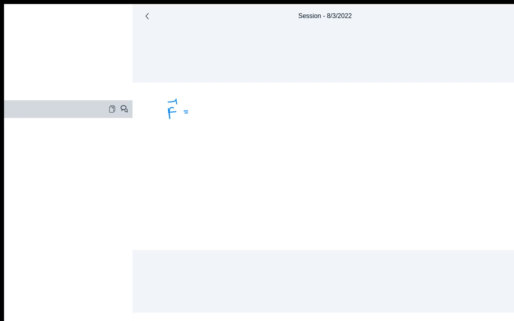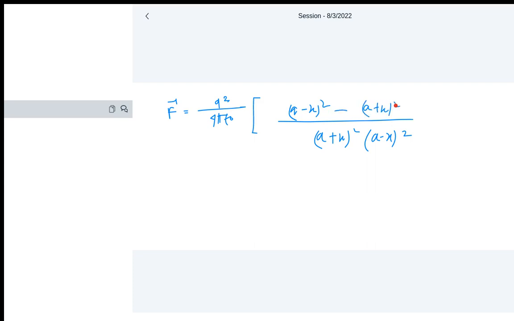So the resulting force F vector equals Q square upon 4 pi epsilon naught times, in the denominator, (a plus x) whole square and (a minus x) whole square, and in the numerator (a plus x) whole square minus (a minus x) whole square.